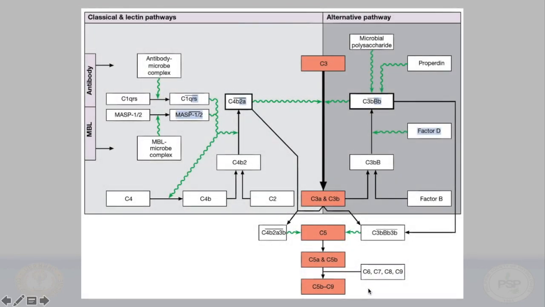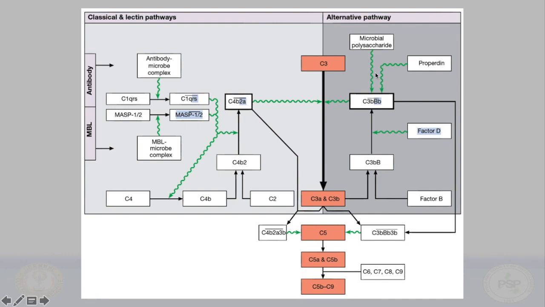Okay, so in summary, these are the different pathways for complement activation. So classical pathway, antibody binding to the bacterial cell, which initiates the formation of C3 convertase. Same way as with your lectin pathway. So you have your mannose binding lectin, which activates the serine proteases, which also activates your C3 convertase.